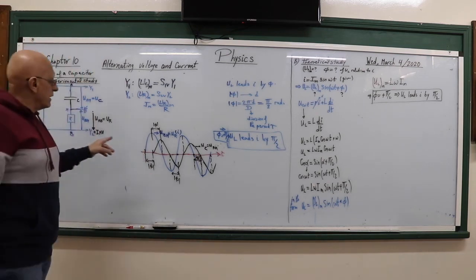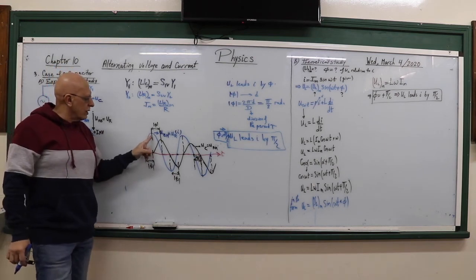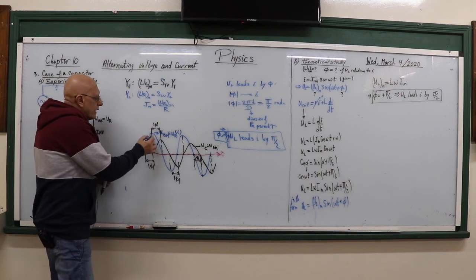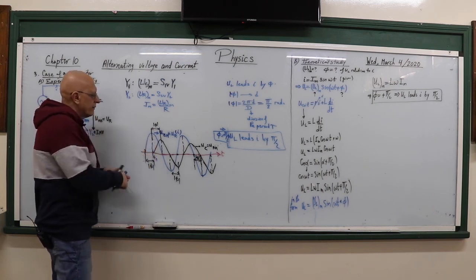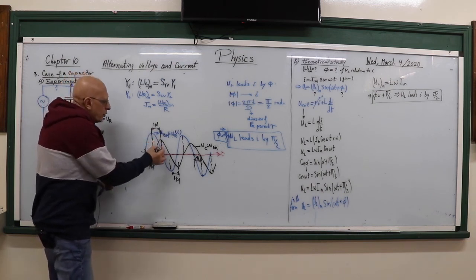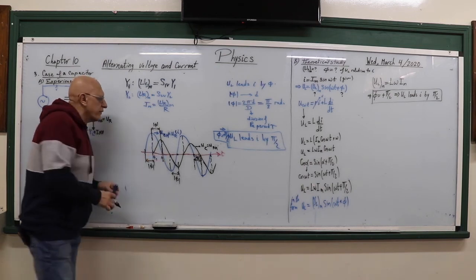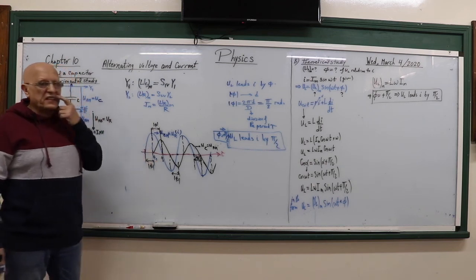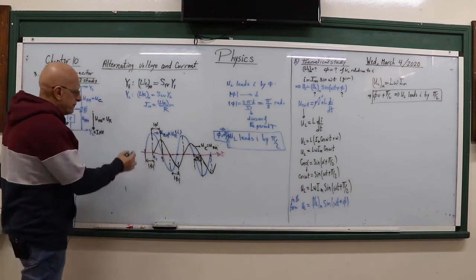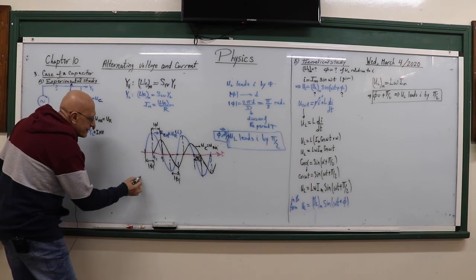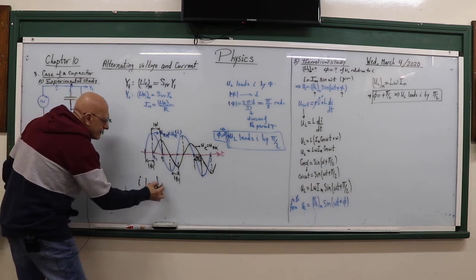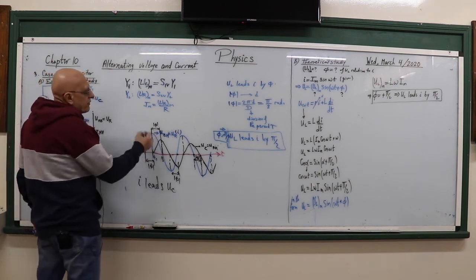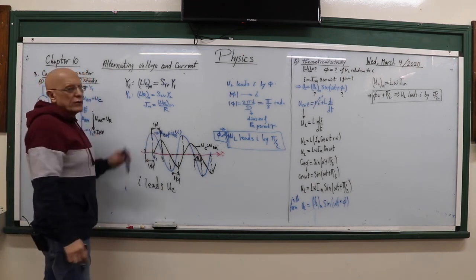If you look at the waveform, you notice that UR reaches maximum at time t1 before UC reaches maximum at time t2. So we say that I leads UC.